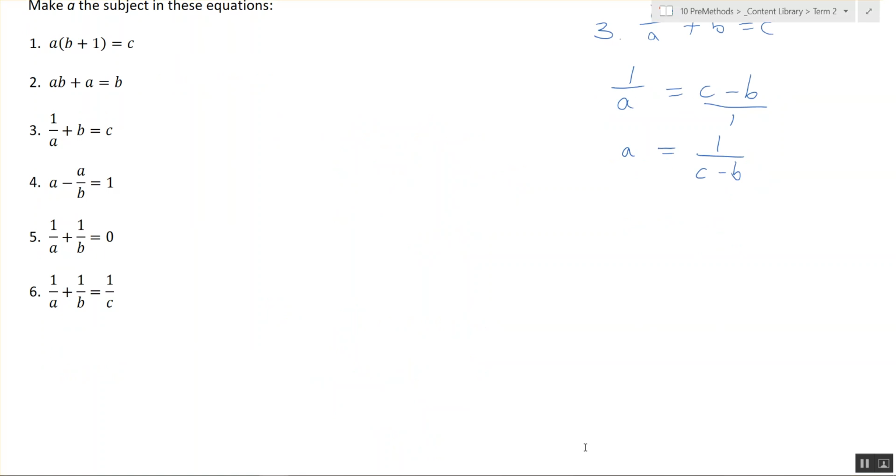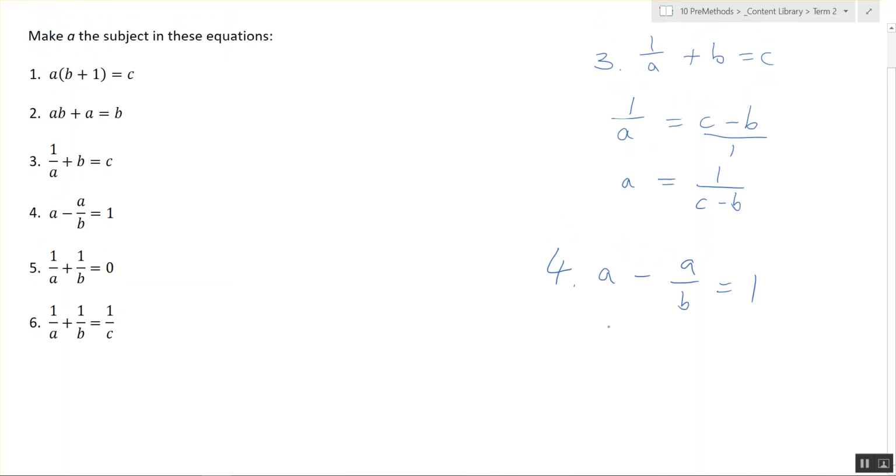Alright, let's do question 4. So we've got a take a over b equals 1. First of all, we need to get the same denominator for fractions. So let's get this here the same denominator as this.